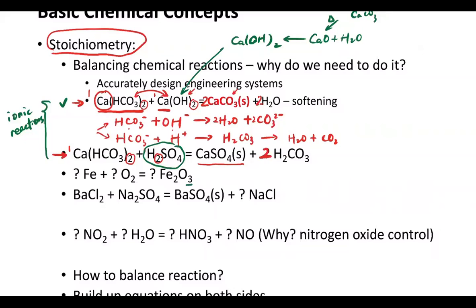So the number in front of the oxygen should be 3/2. And then we have two irons, so the number in front of the iron should be 2. Okay, so if you want to rewrite this, it's going to be 4 iron reacting with 3 oxygen to form 2 iron oxide.